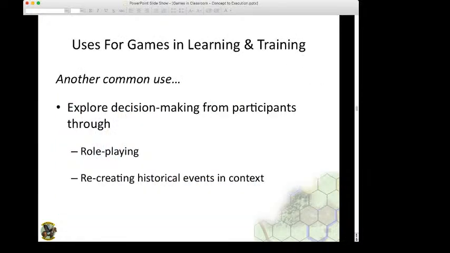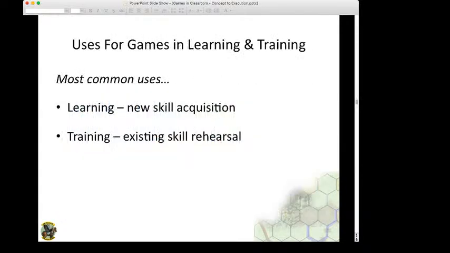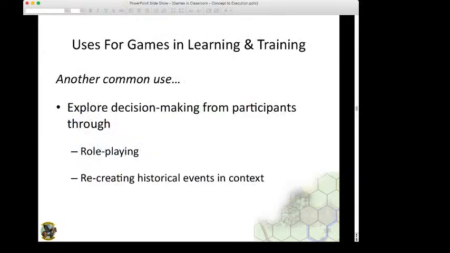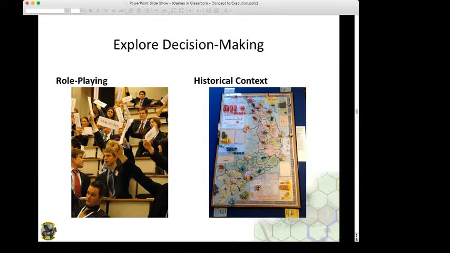So as we're looking at learning versus training, that's an example of new skill acquisition versus existing skill rehearsal. Another common use for games in those learning and training environments is the ability to explore some decision making from the participants through particular ways, such as role playing or recreating some historical events in context. An example there is the Model UN.